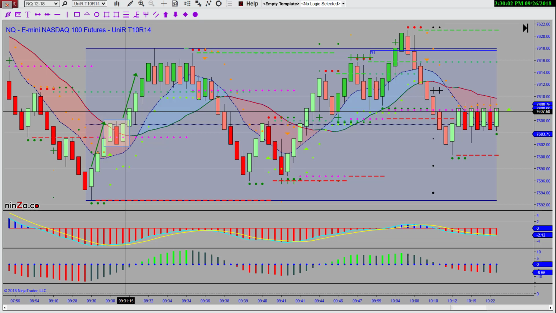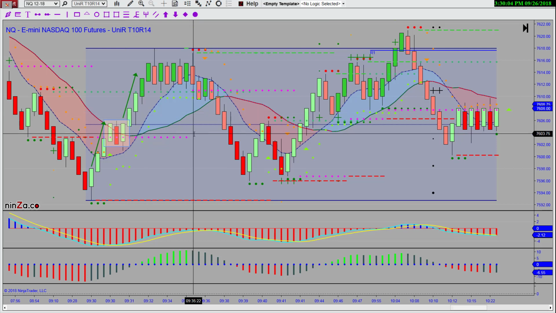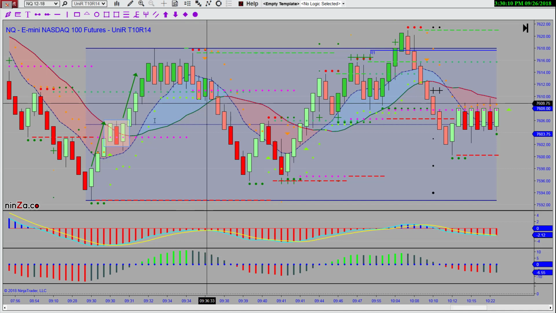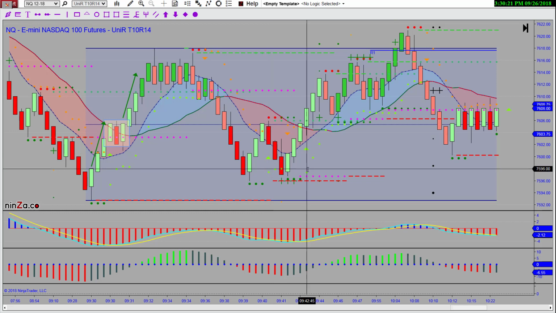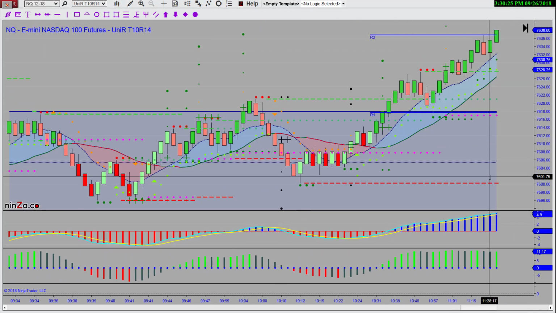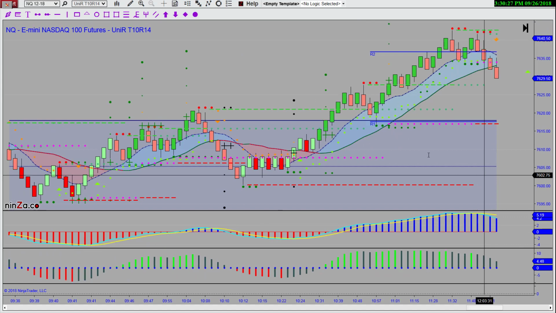But if I'm going to have a swing level break, like the swing level break here, it would have to be 2 ticks below. So it'll be somewhere down in there.